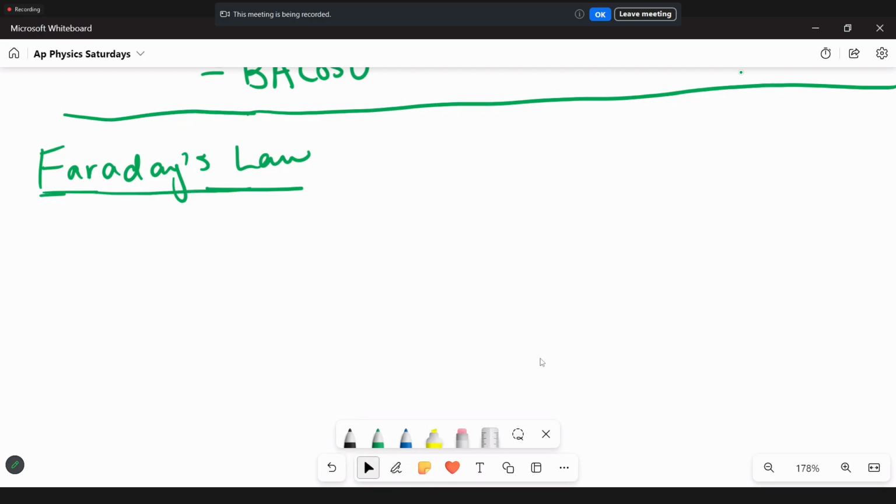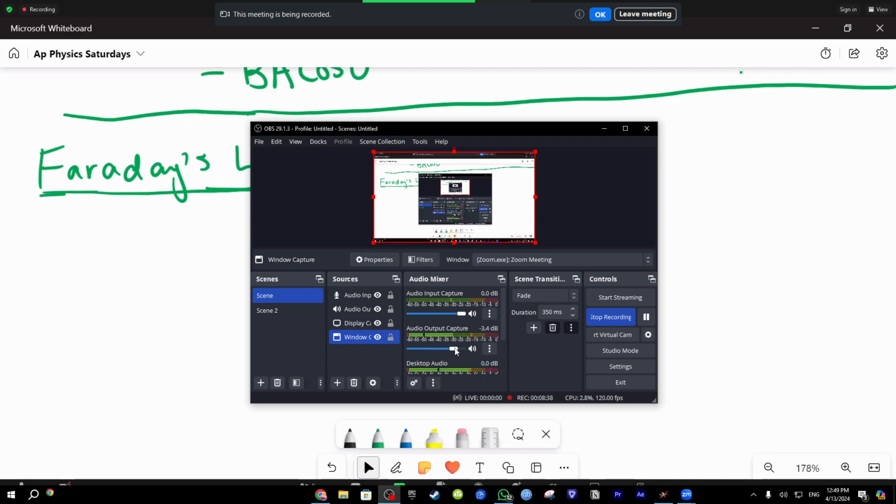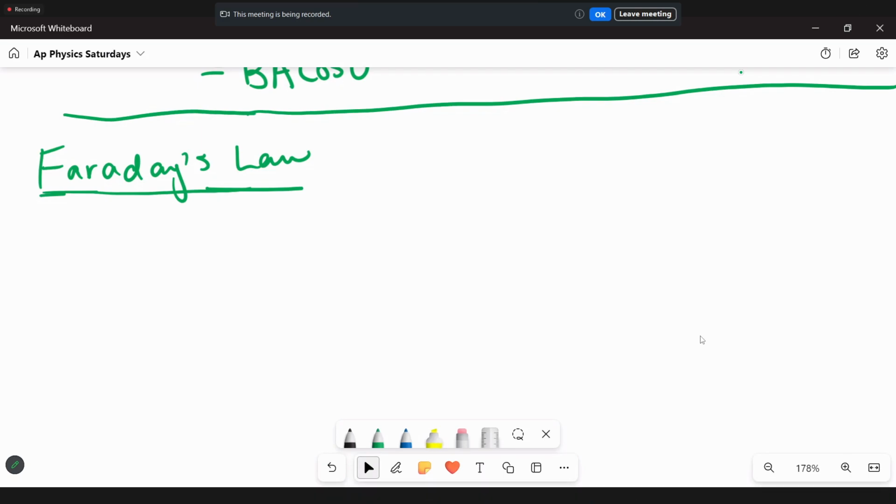Faraday's law. In Faraday's law, I told you that the rate of change of flux is equal to the induced EMF, which means how much flux is being changed in a given time. That will tell you how much EMF is induced. You know what is an EMF, right?